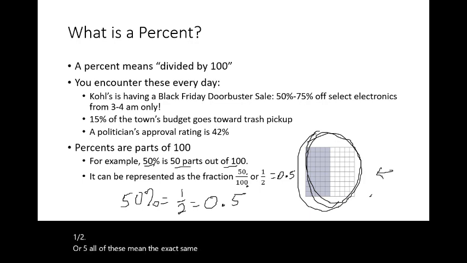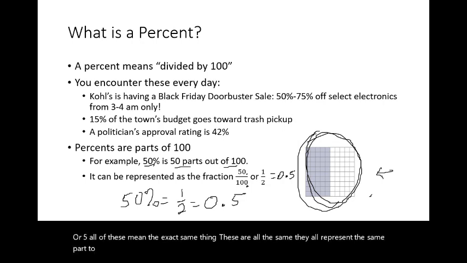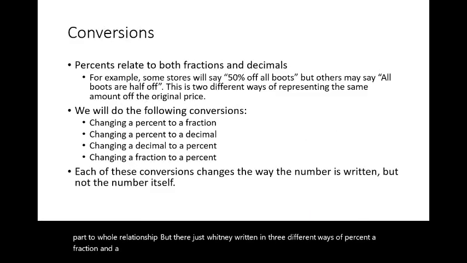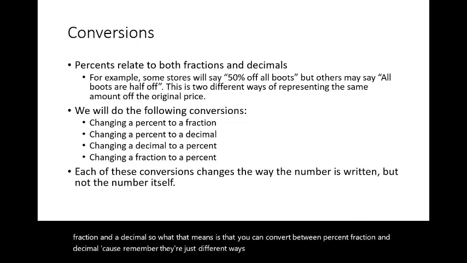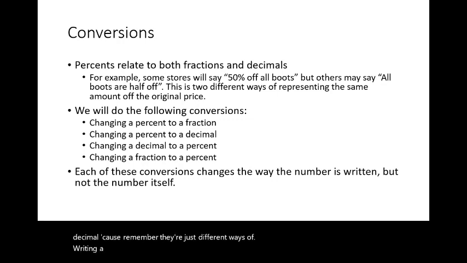These are all the same. They all represent the same part to whole relationship, but they're just written in three different ways: a percent, a fraction, and a decimal. So what that means is that you can convert between percent, fraction, and decimal, because remember, they're just different ways of writing a number. It doesn't actually change the quantity.